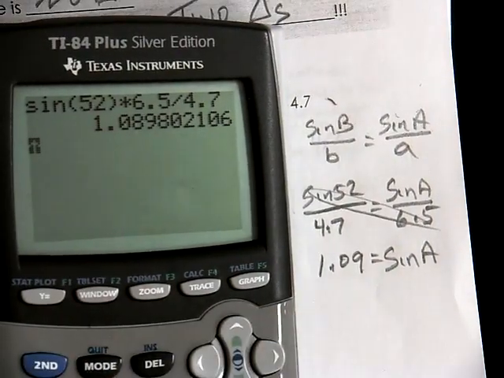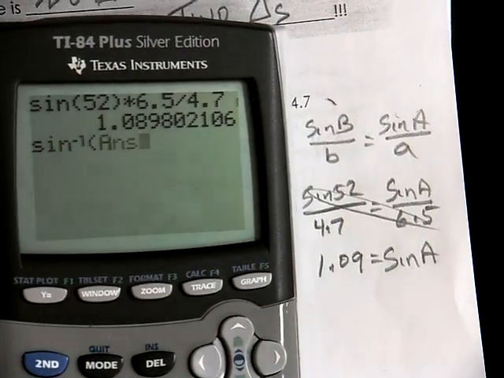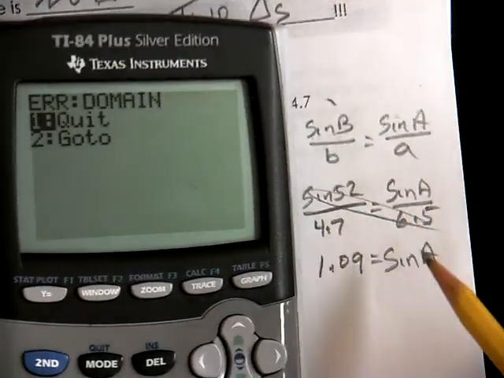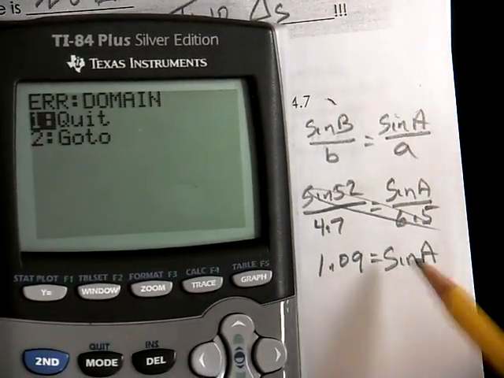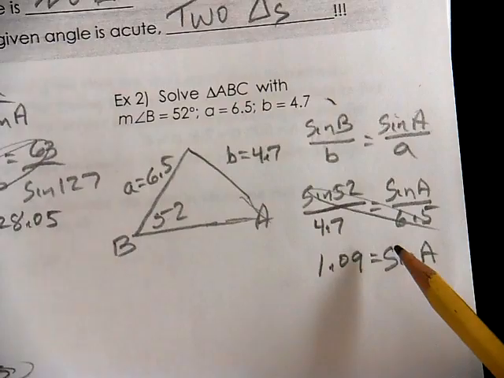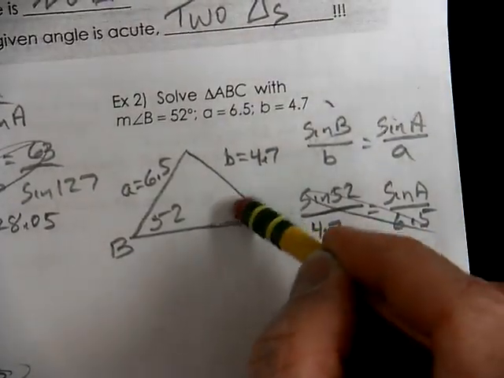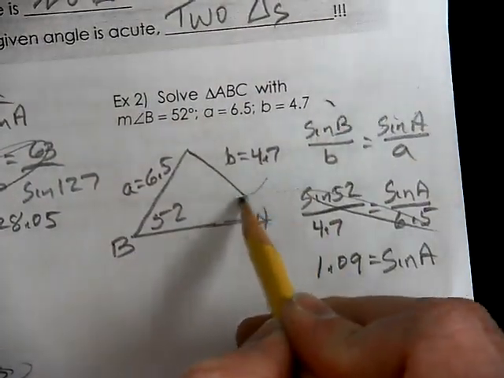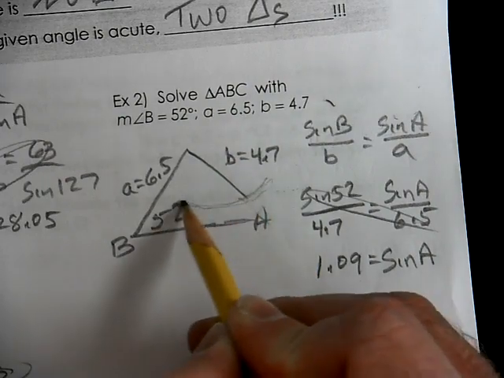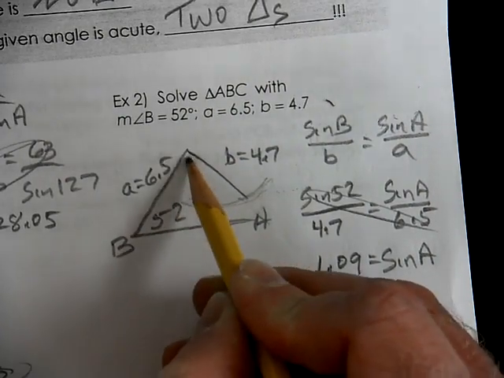Greater than 1, well, I could do my sine inverse of my answer. I get an error. You can't have a sine greater than 1. So what that's implying here is that this side is going to be shorter than the height.